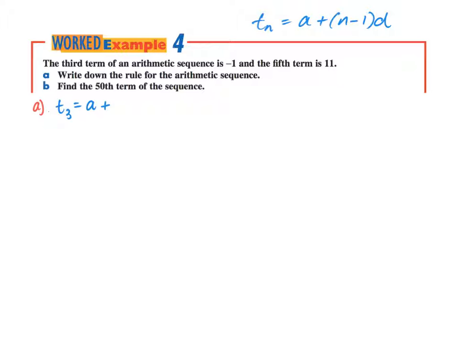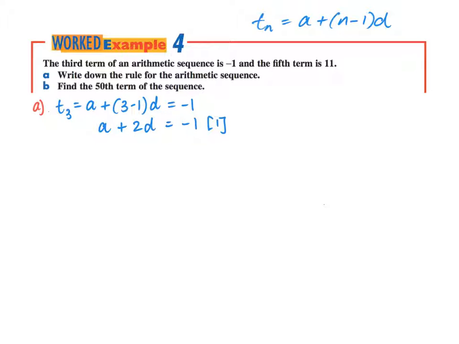So we write that down, and our n value here is 3, so it would be 3 minus 1. And our d is also unknown. We are told that this third term is equal to -1. So after some simplification, we have a plus 2d equals -1. We're going to call this equation 1.